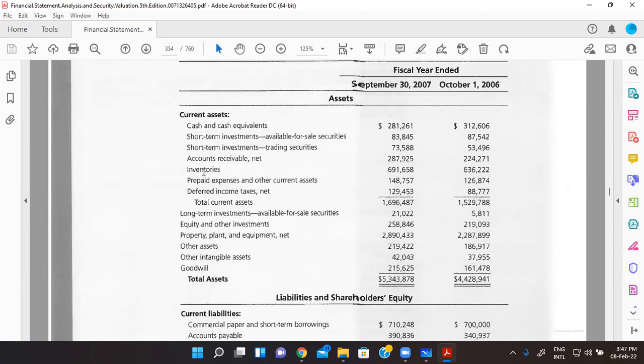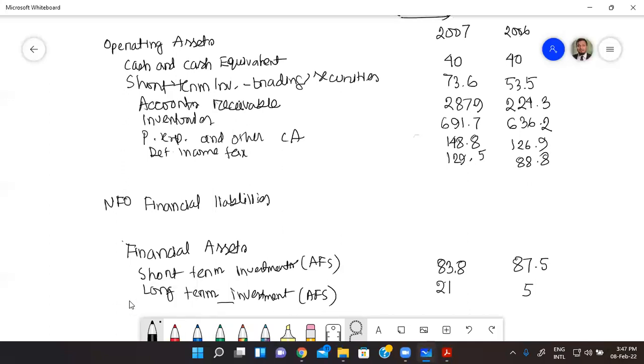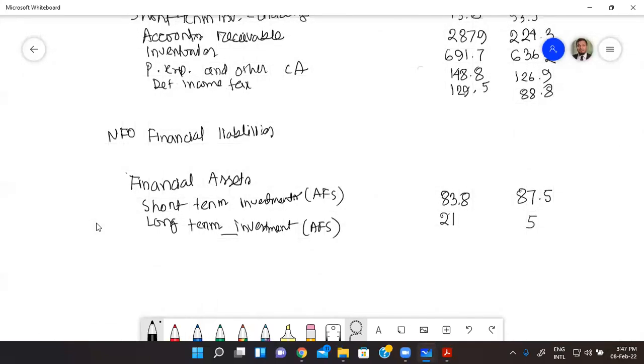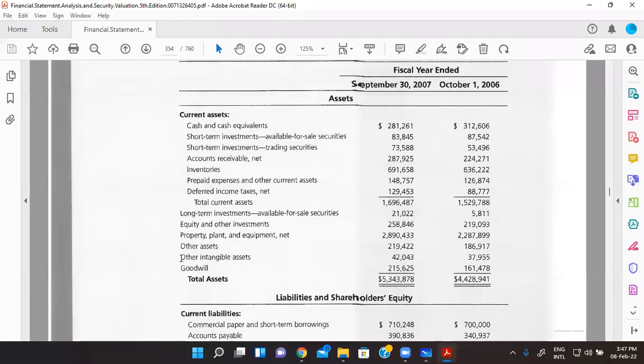Okay, so how much is it? Long-term investment available for sale securities and equity and other investment.